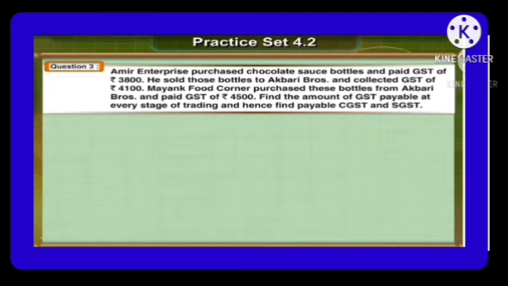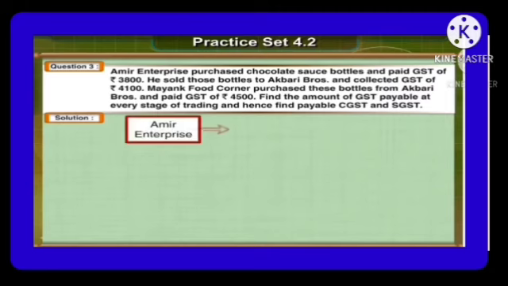Mayank Food Corner purchased this bottle from Akbari Bros and paid GST of rupees 4,500. Find the amount of GST payable at every stage of trading and hence find the payable GST, CGST and SGST. Let's see the solution.